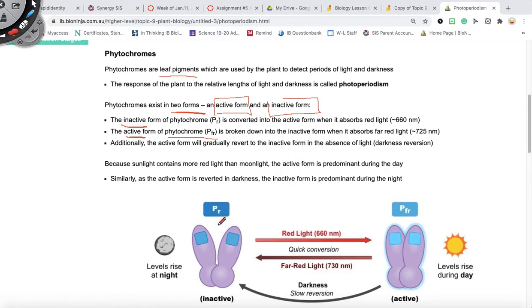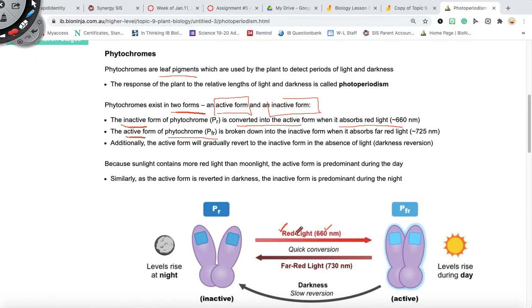We see here that phytochrome PR, or phytochrome red, is converted into the active form when it absorbs red light. In this red line, we see phytochrome red absorbing red light, somewhere around 660 nanometers in the action spectrum. That's why it's called phytochrome red, because it absorbs red light.